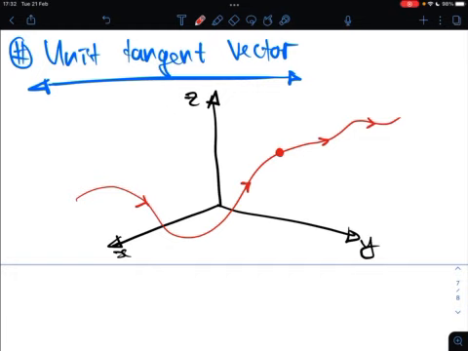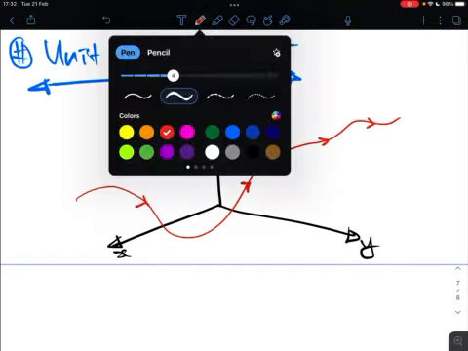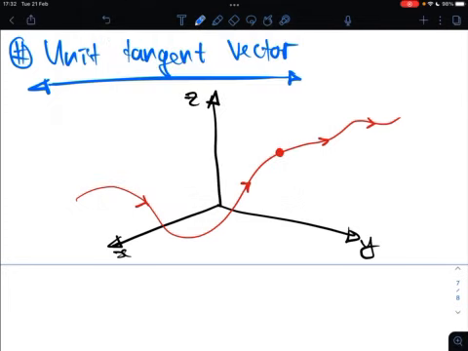So if you want to specify the direction of a particle at this position, there is an object that can do that for us, and this is none other than the unit tangent vector exactly at that point. A unit tangent vector is a vector which is tangential to the path of motion for that particle that is undergoing movement.